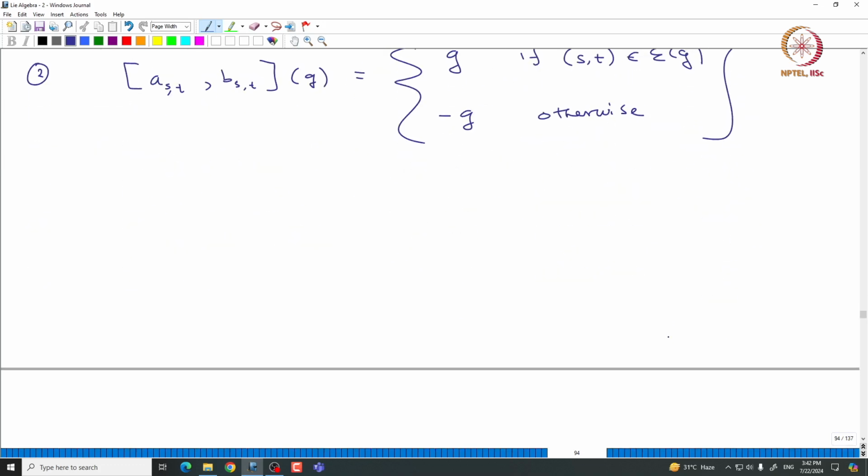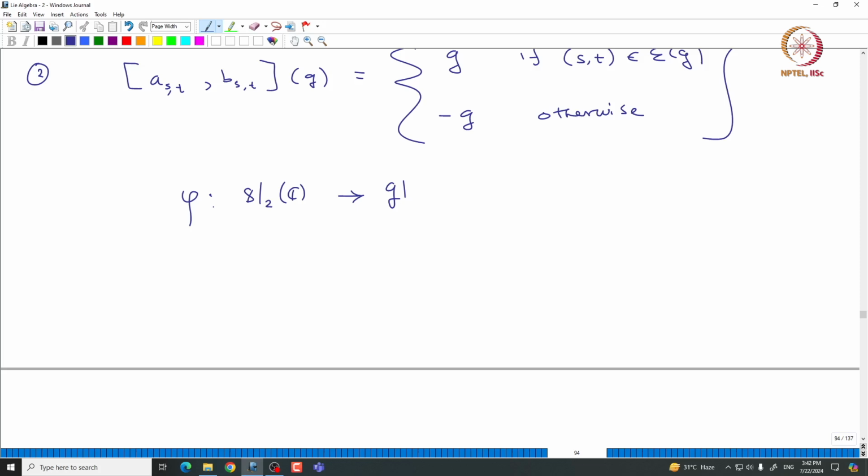Now, using these operators A_ij, B_ij, one can actually define all the operators that we are interested in. So, recall, to define a representation from sl2(C) to GL of any vector space V, you need to specify how the basis elements of sl2 act.